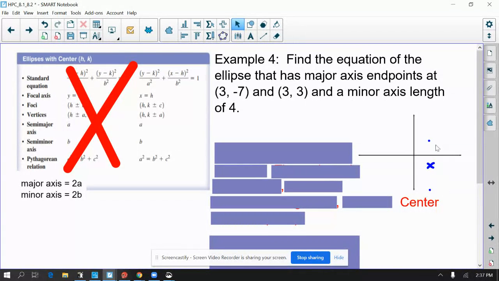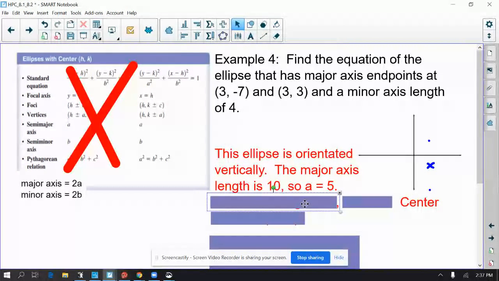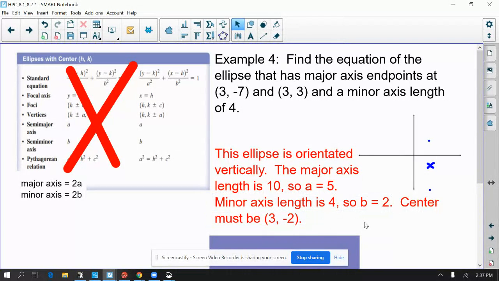So the major axis is 10. And halfway is 5. So if I start up here at 3 and go 5 down, that puts me at -2. So my center is 3 comma -2.